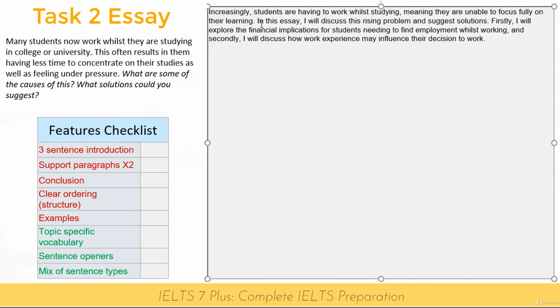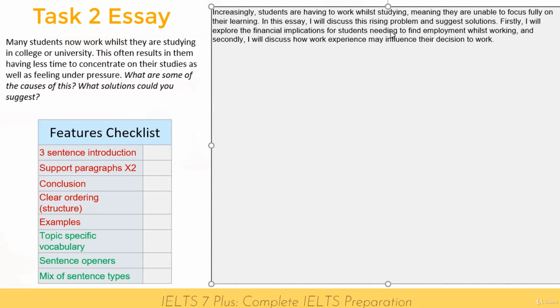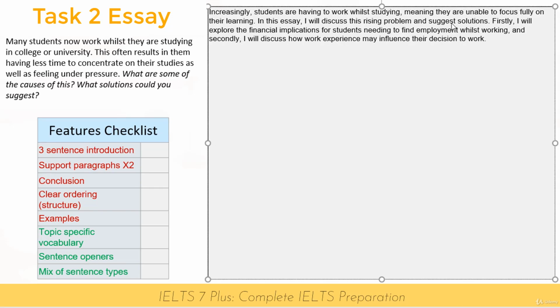Okay, so let's have a quick read through. Increasingly, students are having to work while studying, meaning they are unable to focus fully on their learning. In this essay, I will discuss this rising problem and suggest solutions. Firstly, I will explore the financial implications for students needing to find employment whilst working.